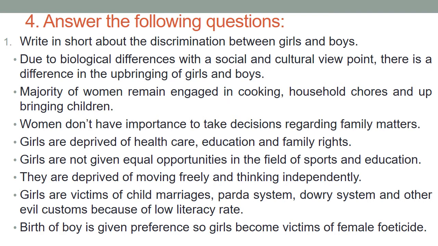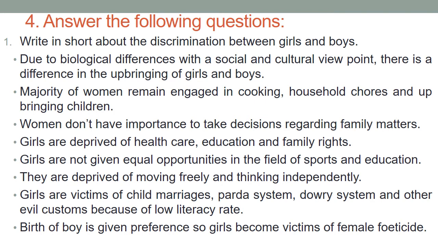Due to biological differences with social and cultural viewpoint, there is a difference in the upbringing of girls and boys. Majority of women remain engaged in cooking, household chores and upbringing children. Women don't have importance to take decisions regarding family matters. Girls are deprived of health care, education and family rights.